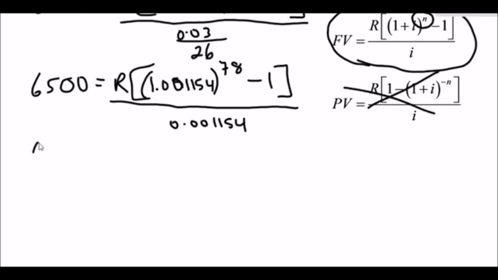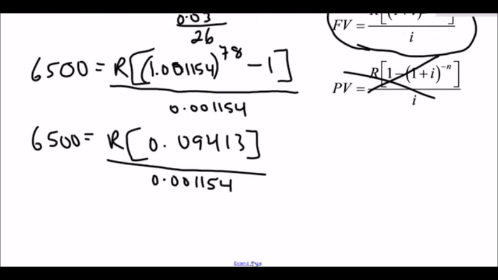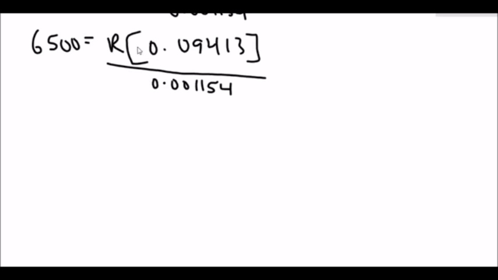So let's keep calculating here. So it's R times 1.001154 exponent 78, and subtract 1 in my calculator. I get 0.09413, and that's going to be divided by 0.001154. So what I have is R times this number divided by this number.